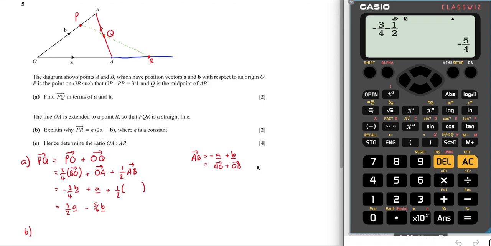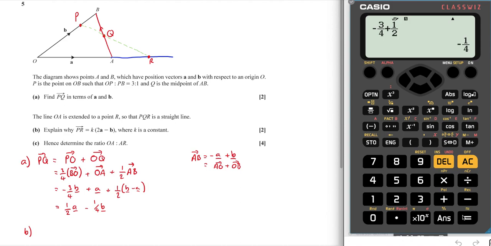So that is going to be B minus A. So then I'm going to have minus 3/4 of B plus a half of B. So let's just double check this on the calculator because I don't want to make any more mistakes. So I've got plus a half there. So that's minus 1/4. It feels like that's going to be more like what I'm looking for. And then I've got 1A take away a half of A, which is going to be a half of A minus 1/4 B. So I've been back and I've fixed that.